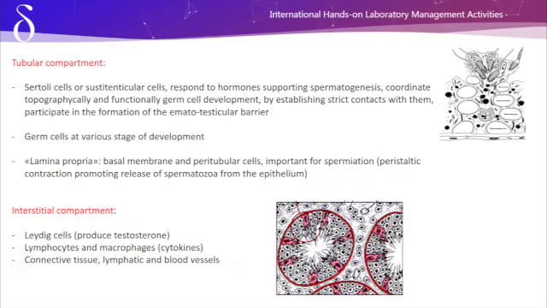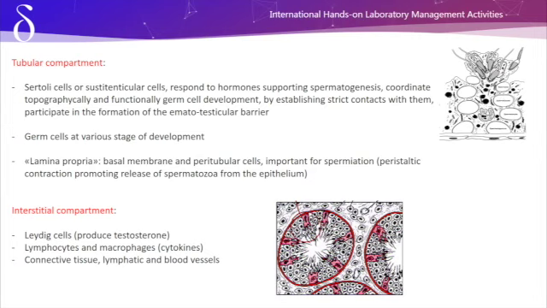And from a histological point of view, we can divide the histology of the testis in tubular compartment and interstitial compartment. Each tubule, as you can see here, is surrounded by the lamina propria, here in red, that contains mostly germ cells at various stages of development, and only one type of somatic cell, what is called Sertoli cell.